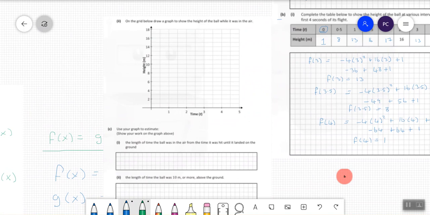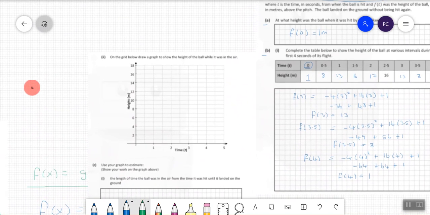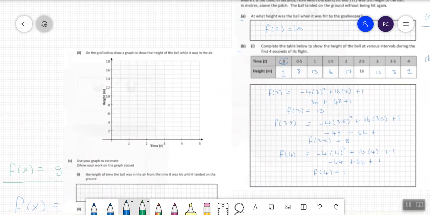So what we want to do now is plot these points here. Notice that this axis here is for time, and this axis here is for height. So we have time are these guys here, and height are these guys here.